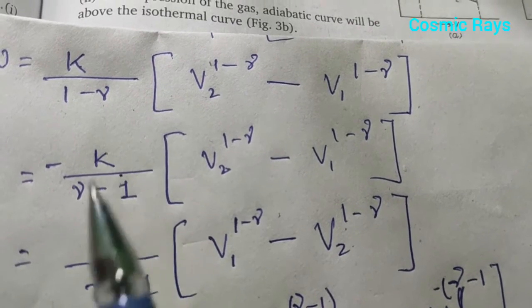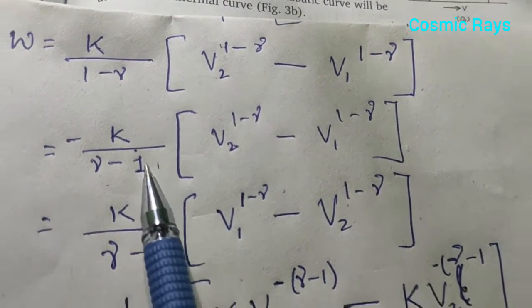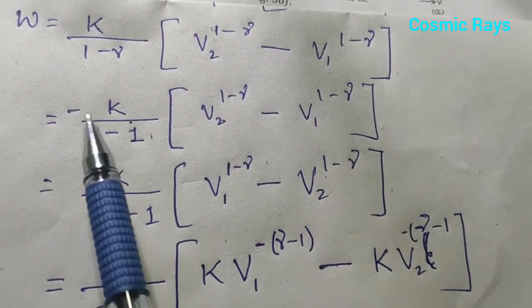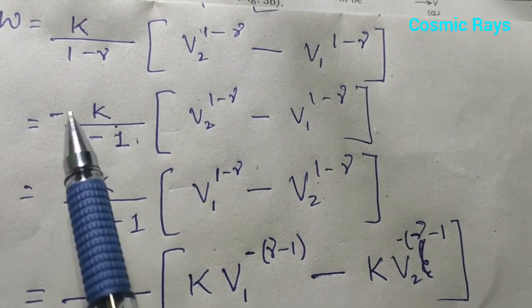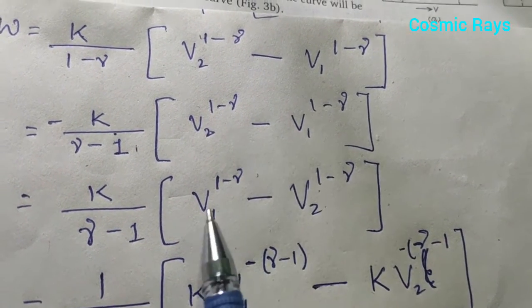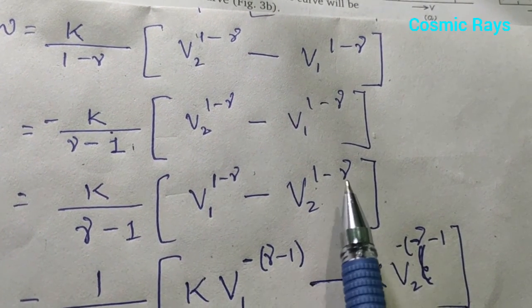So we alter the terms. So we have K by gamma minus 1, and this whole thing remains as it is. Now this minus is multiplied inside, so this will become minus V2 and this will become plus V1. So we alter the terms here. Plus V1 is written first, minus V2 to the power 1 minus gamma.